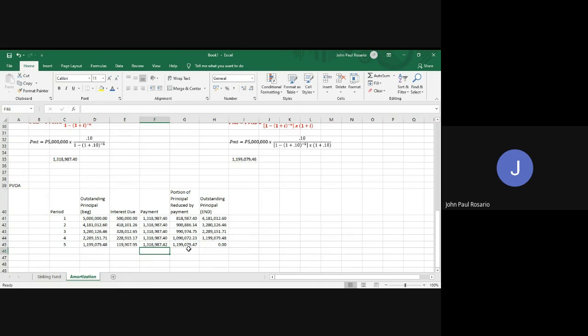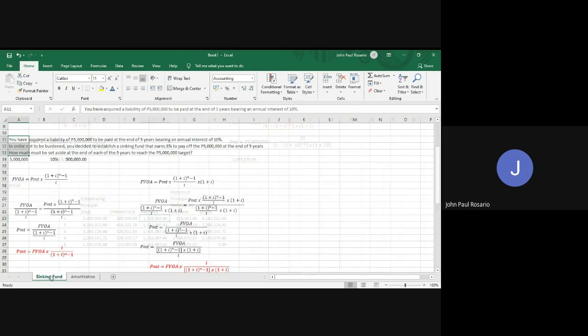Why is that? Because you constantly pay the same amount for 5 years, but the interest portion of this amount decreases throughout the 5 years. Thus, the amount that is applicable for the principal will now increase, until the balance, your outstanding principal, reaches 0.